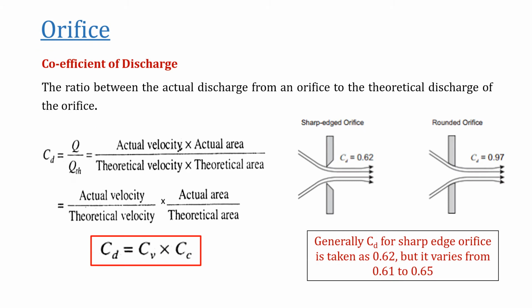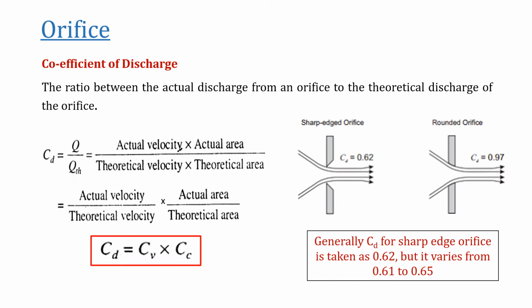The ratio between the actual discharge from an orifice and the theoretical discharge is the coefficient of discharge. As discharge is area times velocity, we can split it. So actual discharge is actual velocity times actual area, and theoretical discharge is theoretical velocity times theoretical area. The ratio of actual area to theoretical area is the coefficient of contraction, and actual velocity to theoretical velocity is the coefficient of velocity.